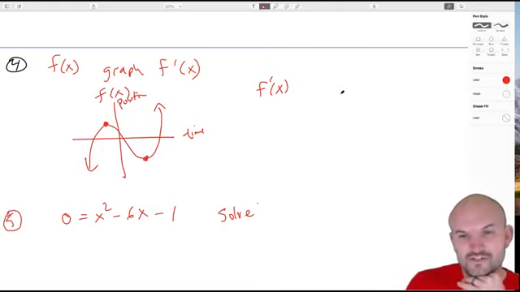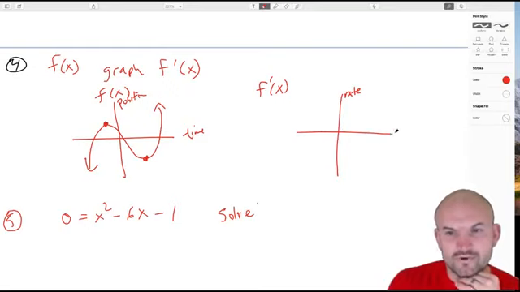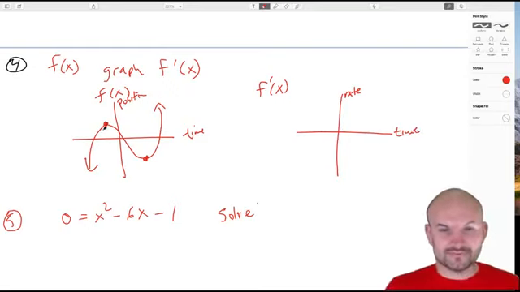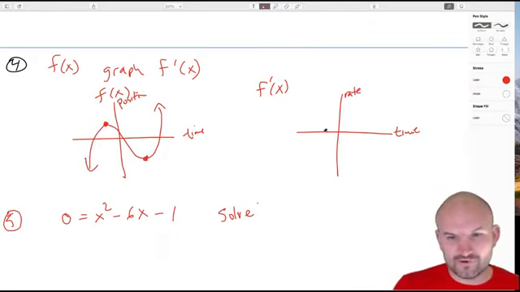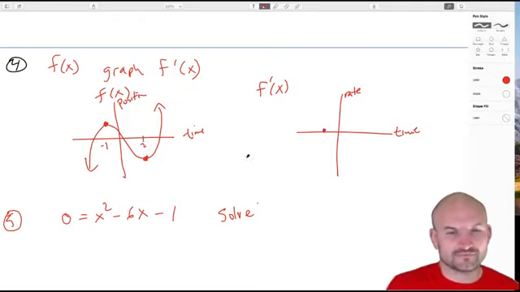So if we're looking into f prime of x, now we're looking for the rate of change, or the velocity, or whatever may be the case with respect to time. From this interval to this interval, we had a positive rate of change, right? It was increasing. So let's call this -1 and let's call that 2.